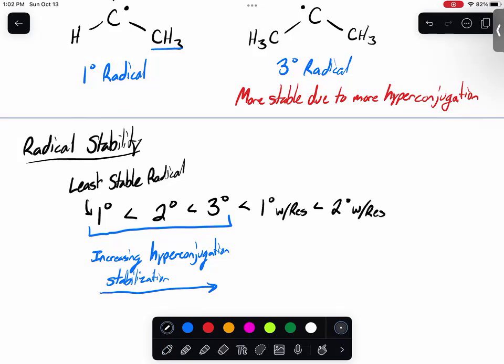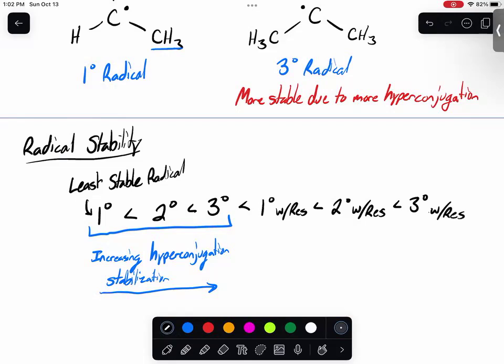And this is all because, if you think about it, they can still have hyperconjugation even though they also have resonance. So, for example, the secondary with resonance is more stable than the primary with resonance because although both have resonance, the secondary also has hyperconjugation to stabilize it. Either way, top of the chain would be a tertiary with resonance.